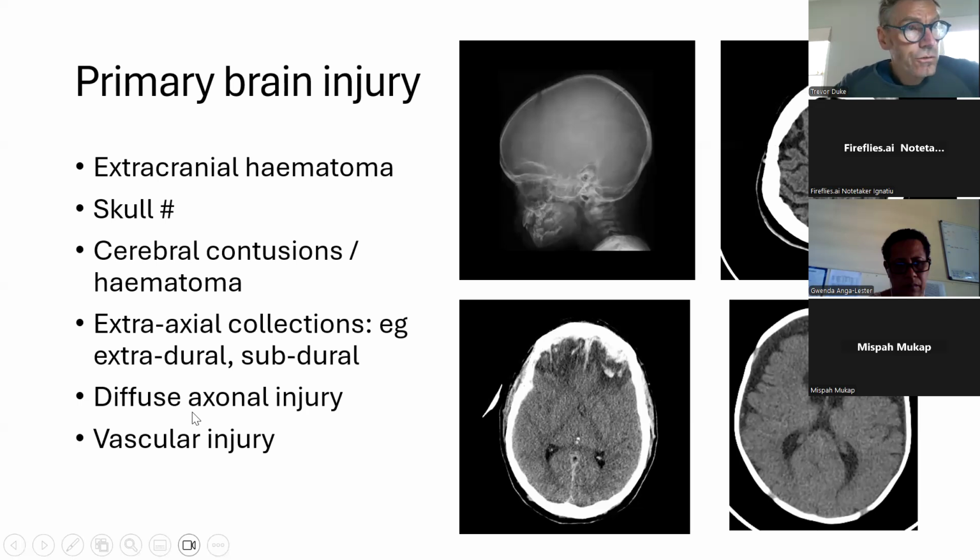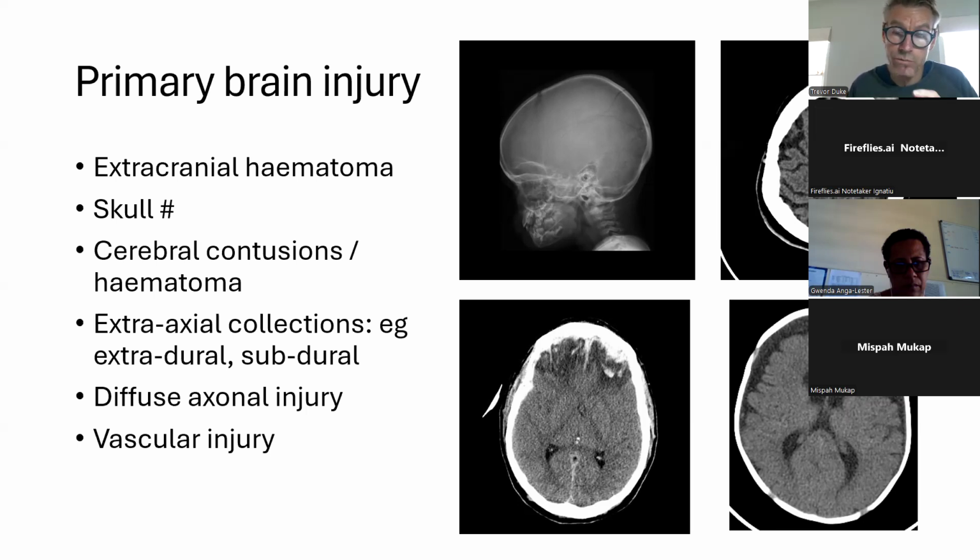The other sorts of primary brain injuries include what's called a diffuse axonal injury, where if there's been a force applied to the front of the head or the back of the head, then the brain can shake within the cranial cavity, and there can be extensive bruising and what we call diffuse axonal or shearing forces on the brain itself, and that can lead to often the appearance in a CT scan, for example, of multiple petechial hemorrhages.